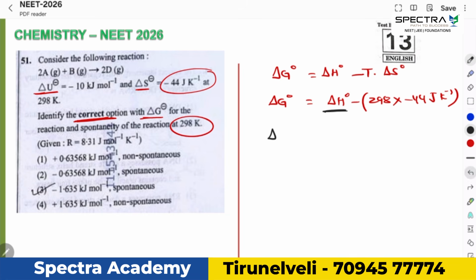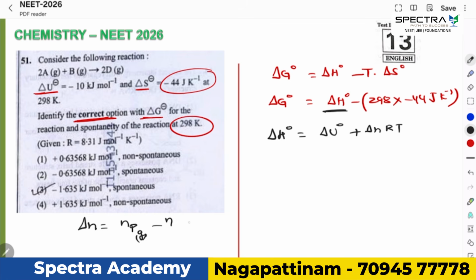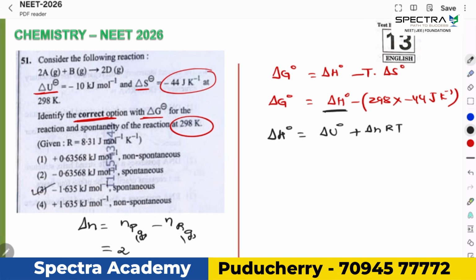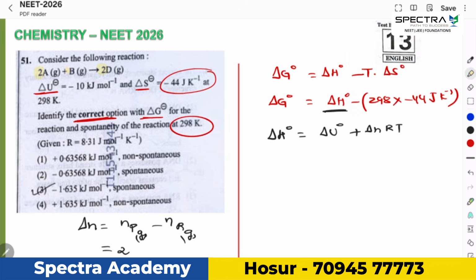Delta H is equal to delta U naught plus delta N RT. As we discussed before, delta N is equal to the number of moles of the gaseous products minus the number of moles of the gaseous reactants. So gaseous products, what? 2 moles. Here the number of moles of the gaseous products is 2 moles and reactants 2 plus 1, 3 moles. So that is equal to 2 minus 3, that is equal to minus 1.